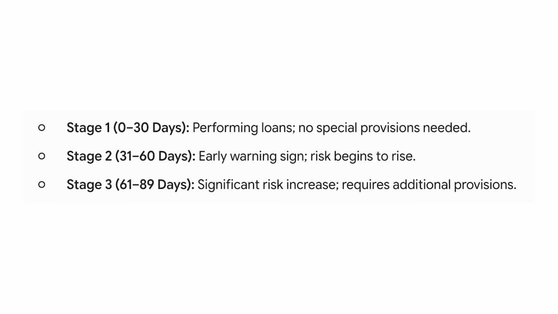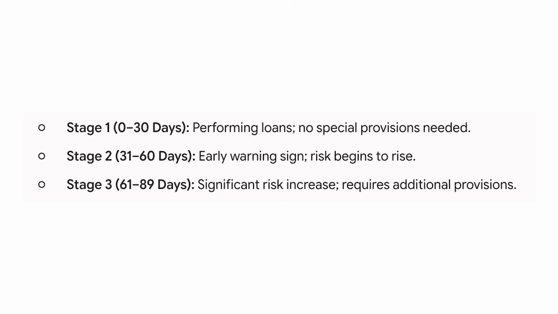See, banks have a system of capturing special mention accounts data. SMA 0, that is up to 30 days, is stage 1, where we do not have to do anything under the expected credit loss framework. SMA 1 is 31 days to 60 days. SMA 2 is 61 days to 89 days.